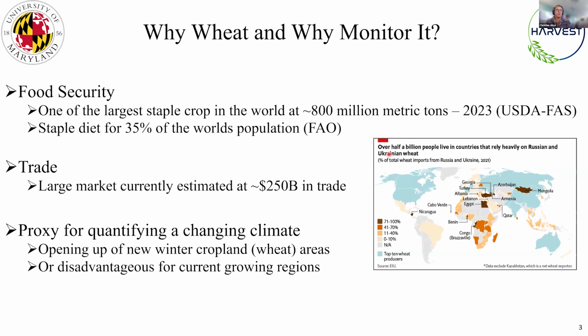And as we all know, there's a massive geopolitical change going on with the war in Ukraine, and not a lot of information is being released about what's going on there, in a place that is essentially, Ukraine and Russia combined, exporting roughly 25 to 35% of the world's wheat.